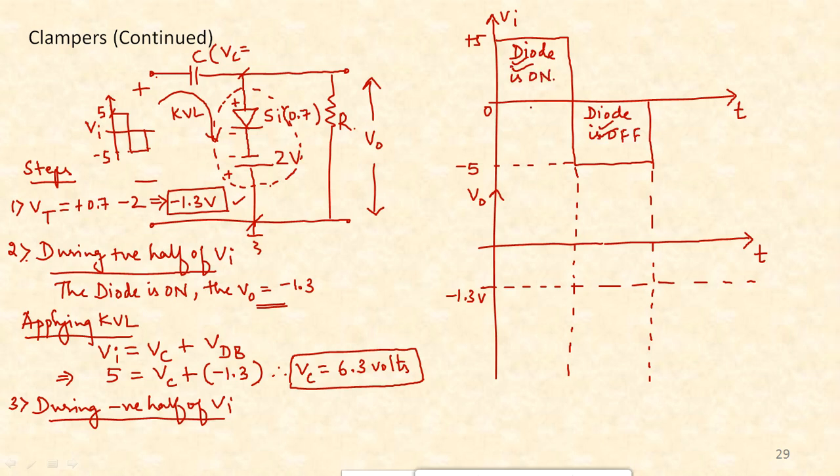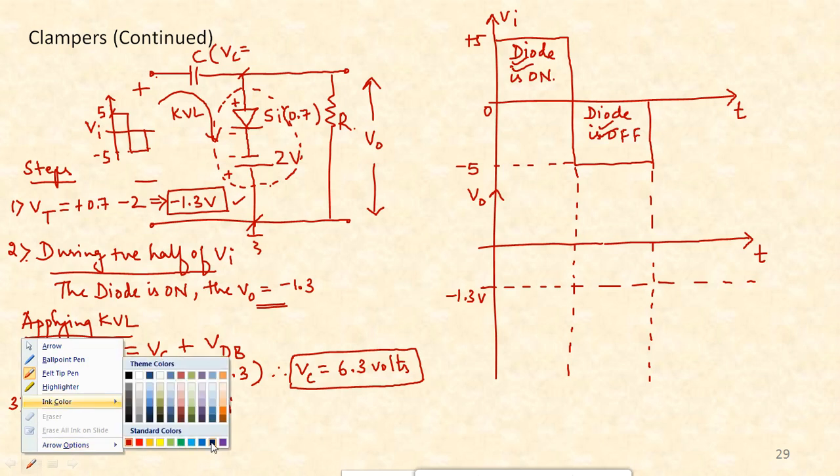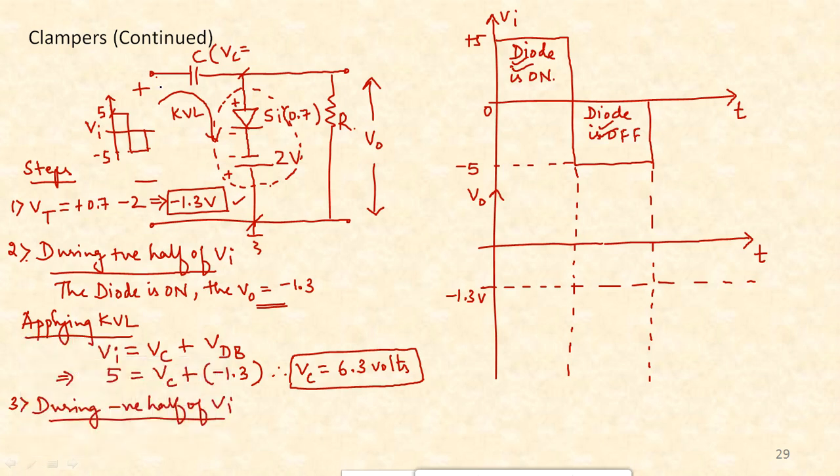During the negative half cycle, let me indicate the polarities. Negative half, it is minus plus. And by the way, the voltage across the capacitor is 6.3 volts. And during the charging it was like this.